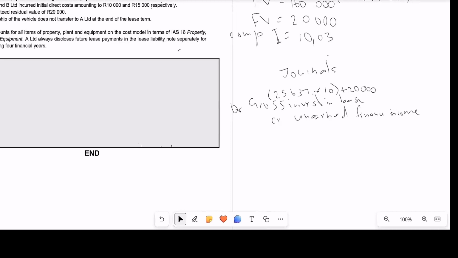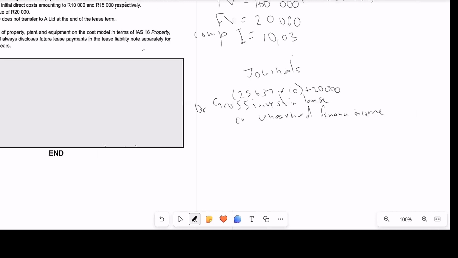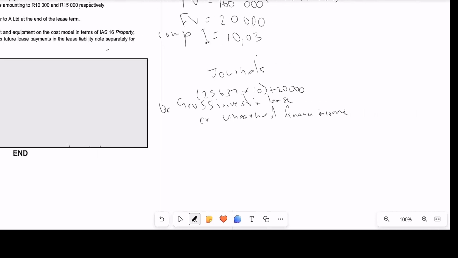It's going to be 276. So since it's a debit, it's going to be 276,370.